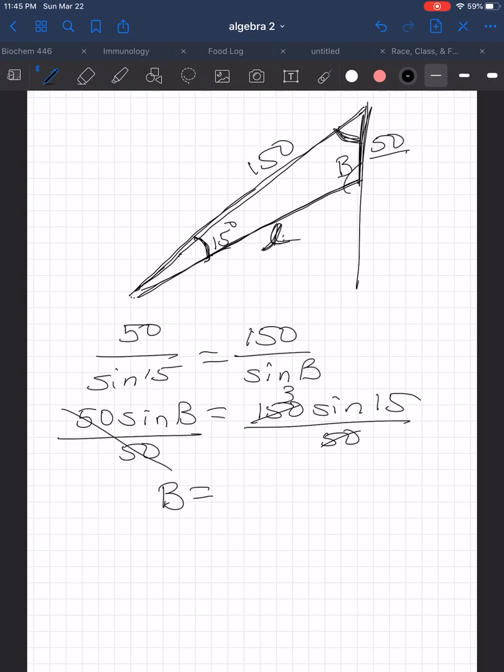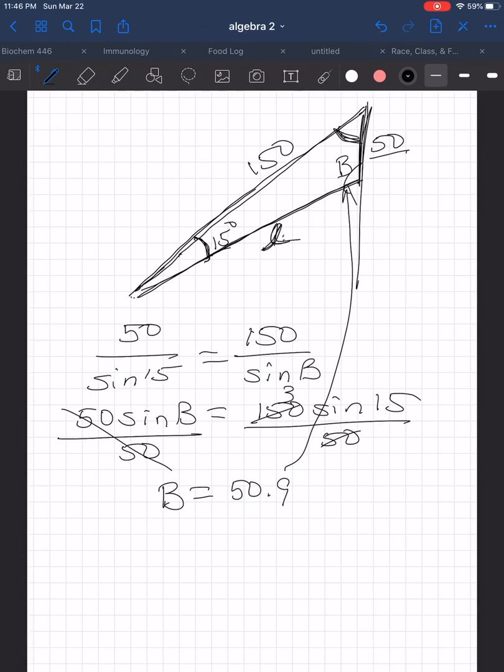So I'm going to take the inverse sine of 3 sine 15. Not divided by anything, that just canceled out. So 3 sine of 15. All right, so I get 50.9.